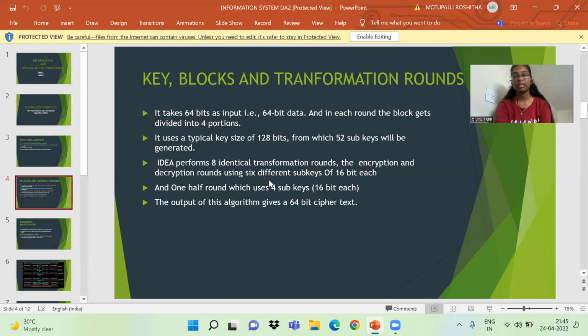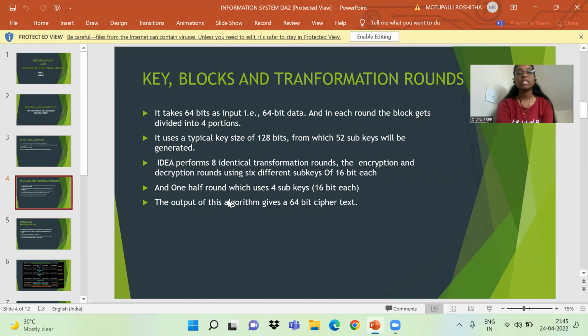And a half round uses 4 subkeys of 16 bits.